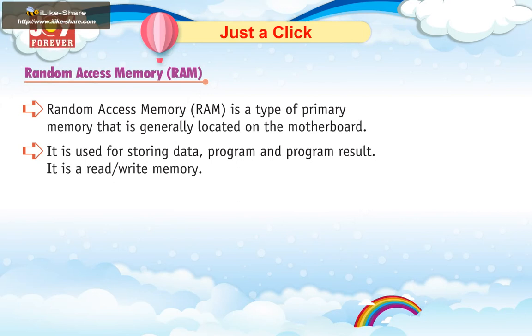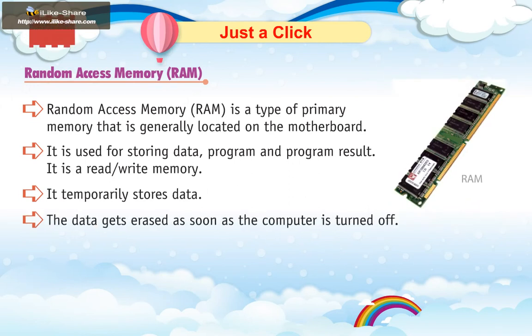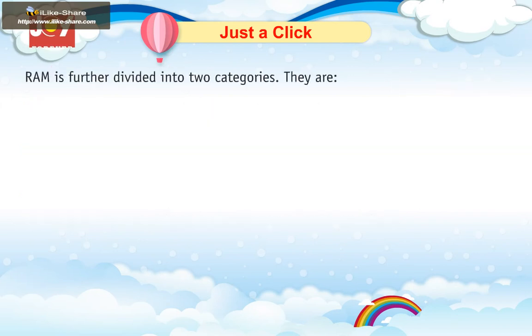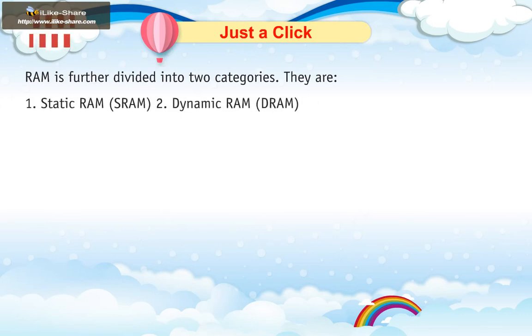It is a read-write memory. It temporarily stores data. The data gets erased as soon as the computer is turned off. RAM is further divided into two categories. They are static RAM and dynamic RAM.